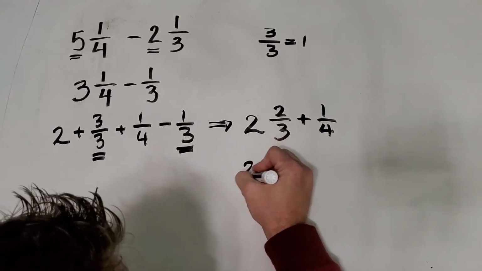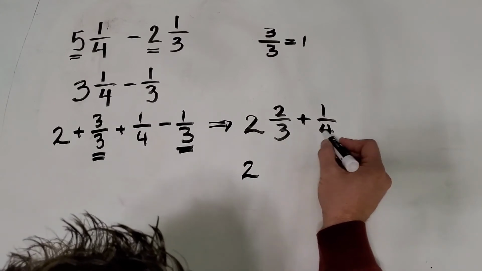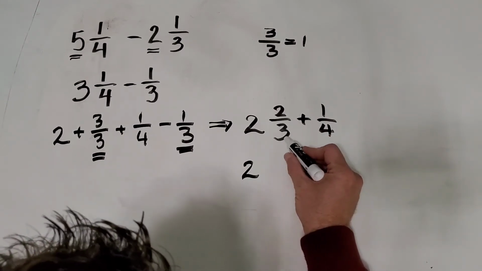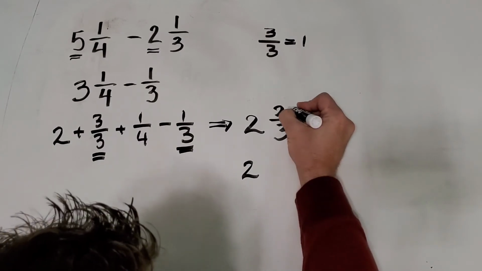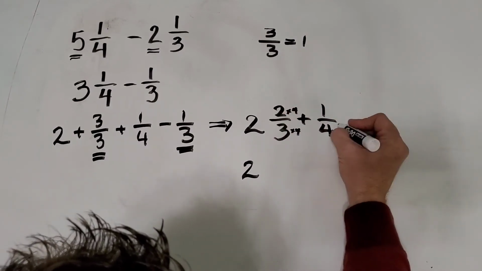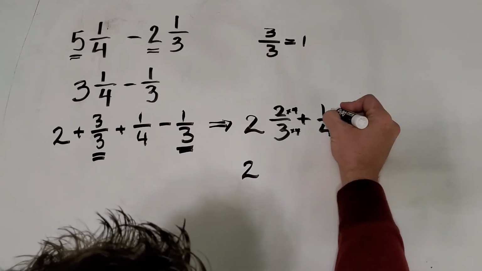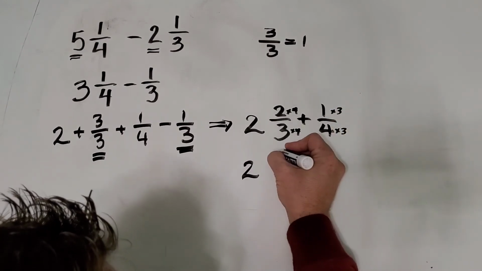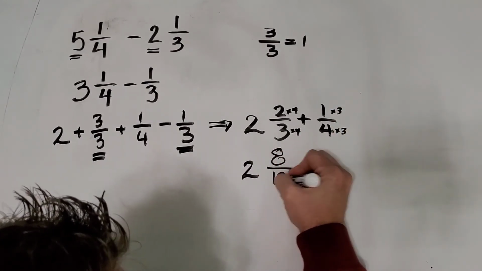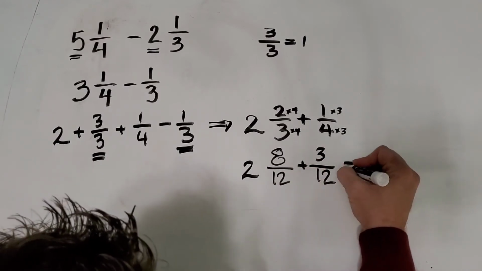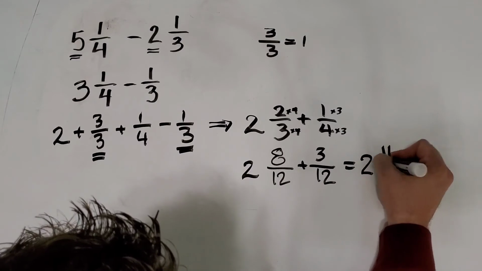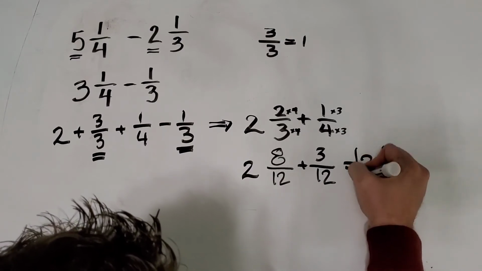So here's my 2 wholes, and I can write my equivalent fractions. As we saw before, 3 and 4, we can use 12ths. So I can multiply top and bottom of this one by 4, top and bottom of this one by 3, and I get 8/12 plus 3/12 for a total of 2 and 11/12.